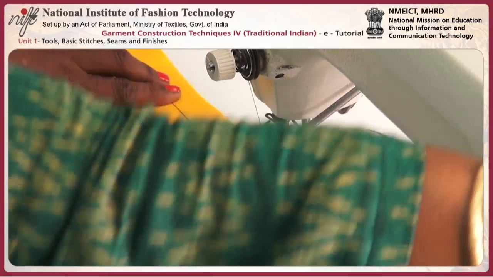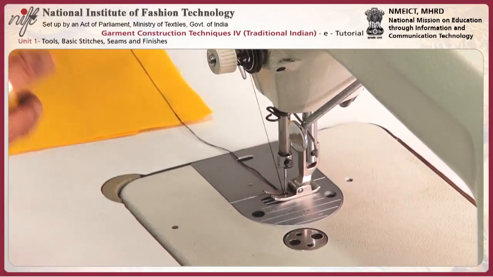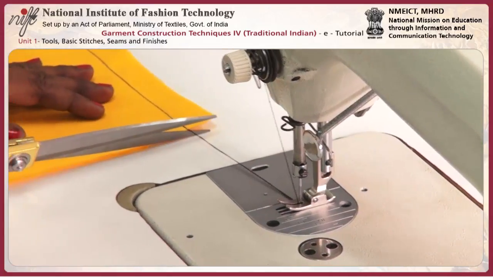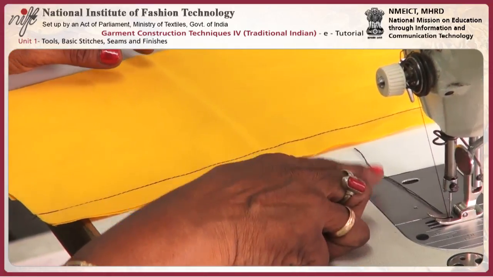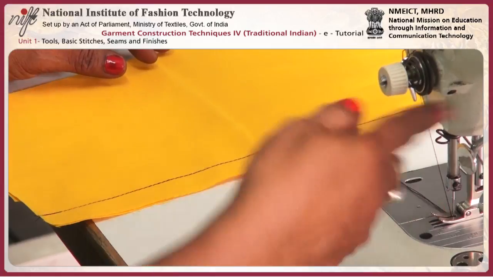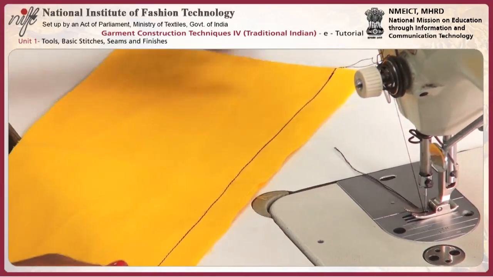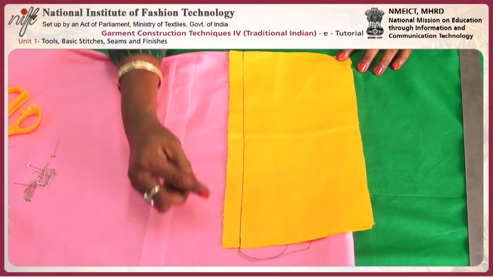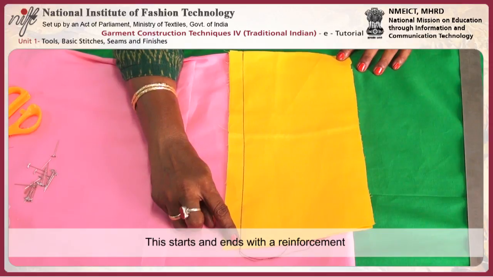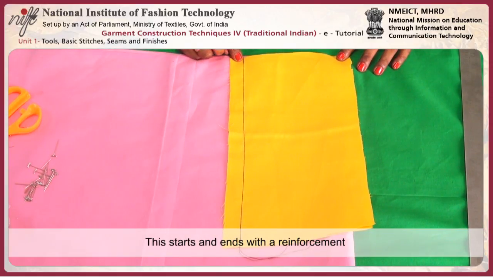So we get enough thread to cut. Then only the further stitch, that needle thread won't come out. So this is called a plain seam. Started with the reinforcement and ended with the reinforcement.